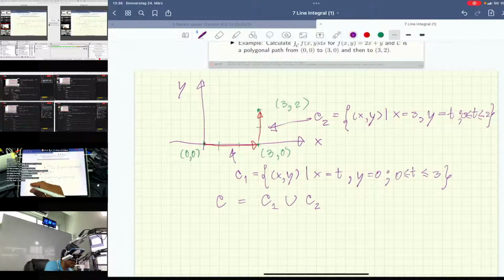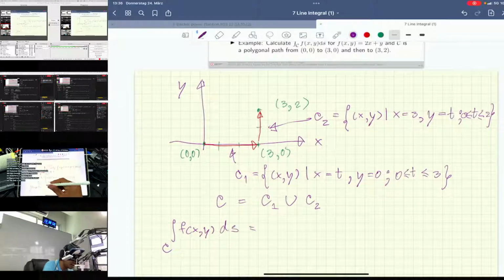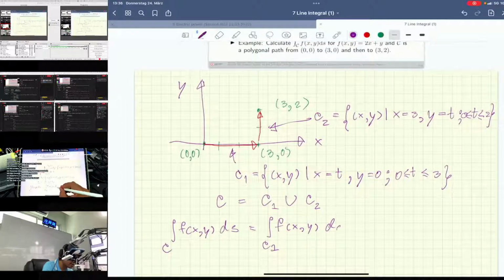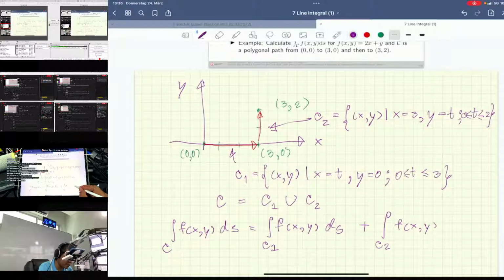Of course, the integration of f(x,y), that's the line integral along the curve C, ds, will be the integration of f(x,y) along the first curve ds plus the integration along the second curve, second path, of the same function f(x,y) ds.